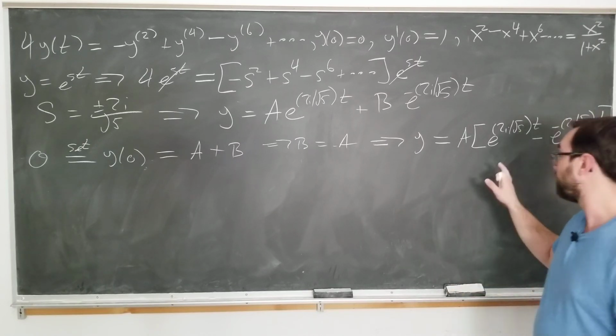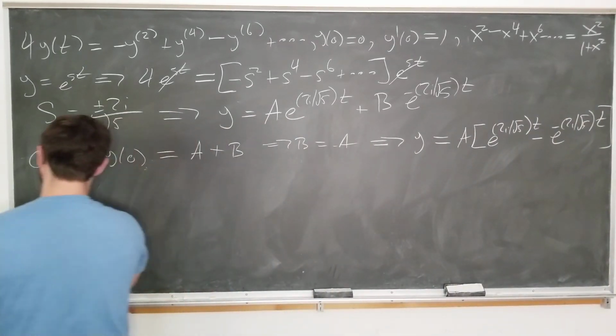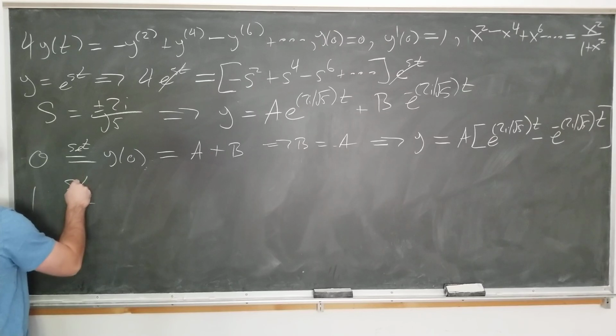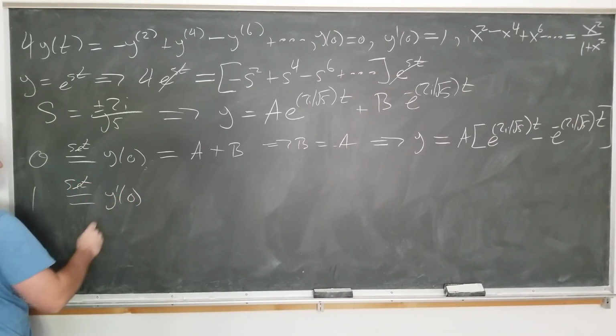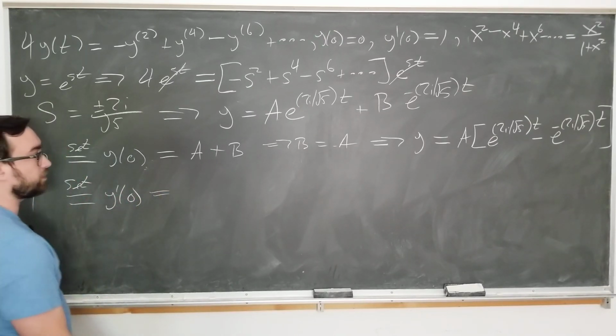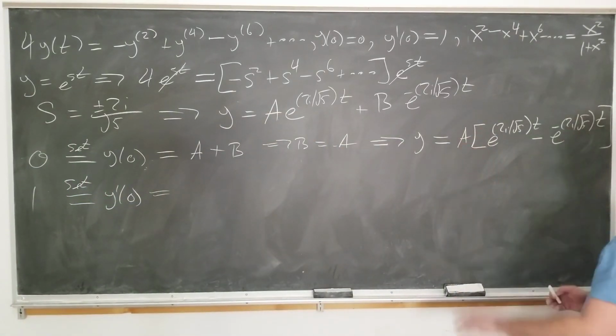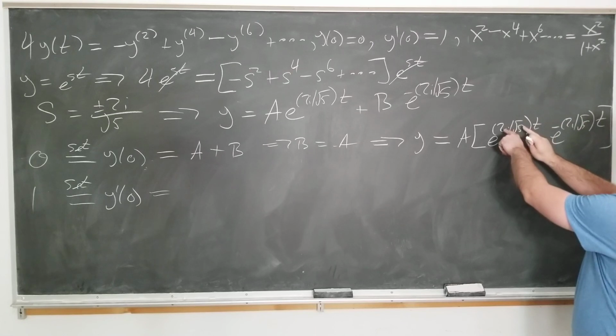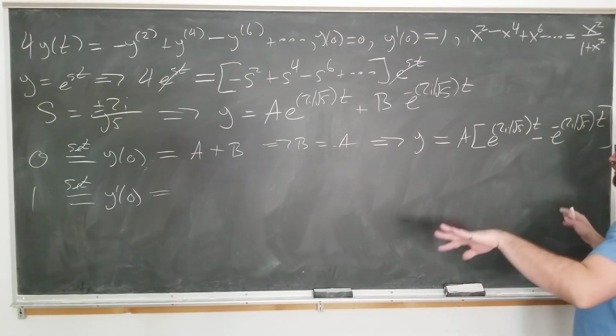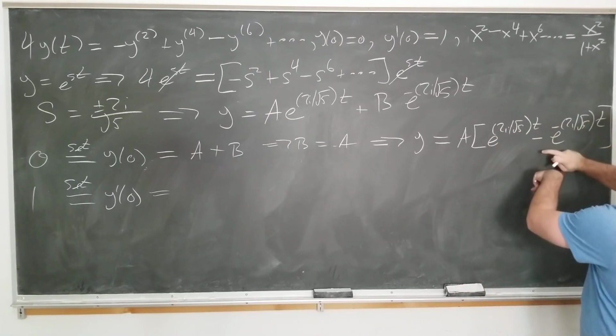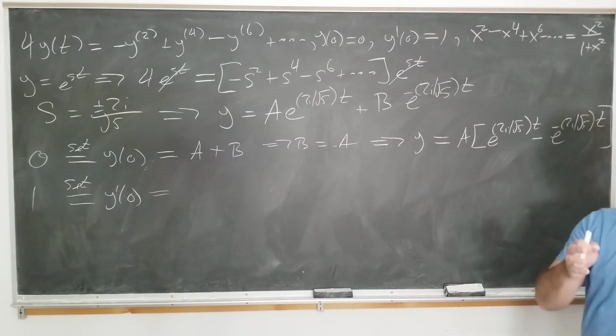We use the other condition to get rid of the other constant. 1 is being set equal to y prime of 0, which is, okay, we're going to keep the constant here. This term just takes the constant down, keeps the sign the same. But for this term, these two signs cancel out, so it becomes a plus in the middle.